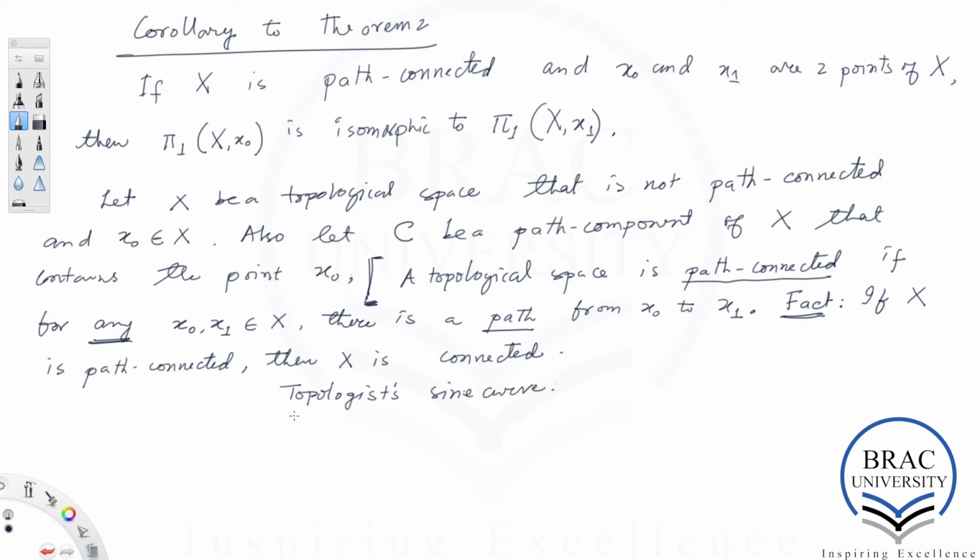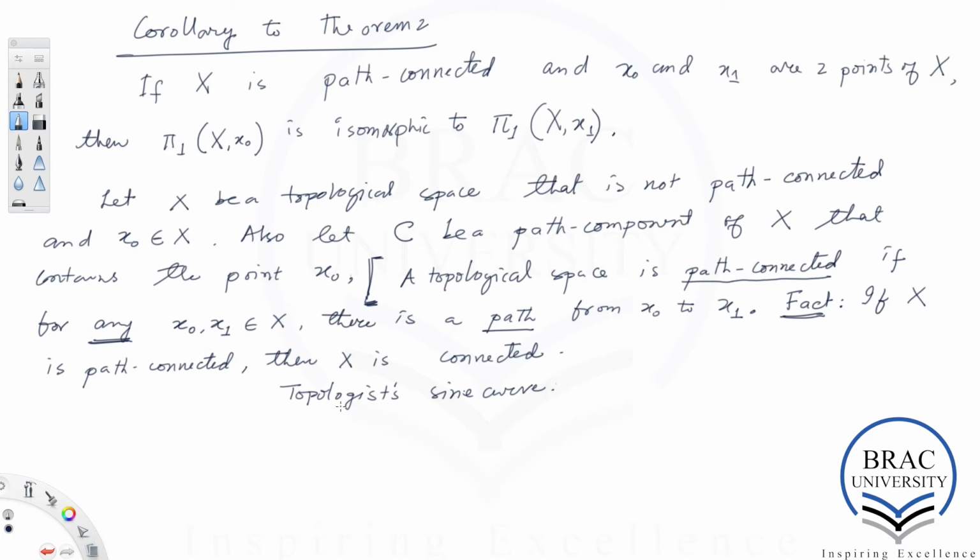So I'll just give you the example and not prove it. I just mentioned that it's the counterexample showing that a topological space may be connected but fail to be path connected.